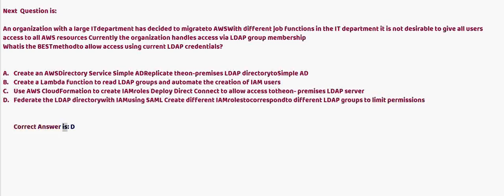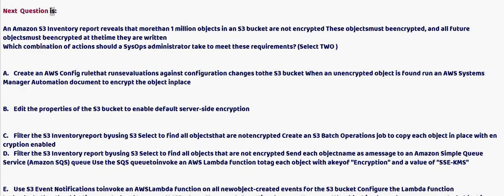Correct answer is D. Next question is: an Amazon S3 inventory report reveals that more than 1 million objects in an S3 bucket are not encrypted. These objects must be encrypted, and all future objects must be encrypted at the time they are written.